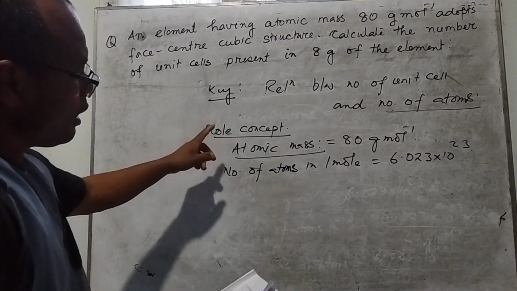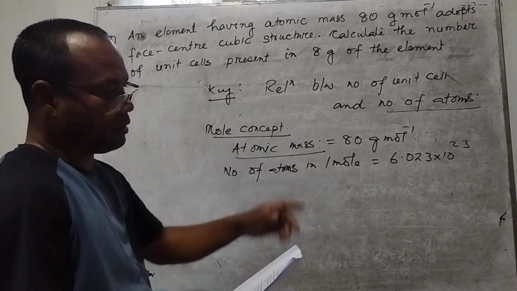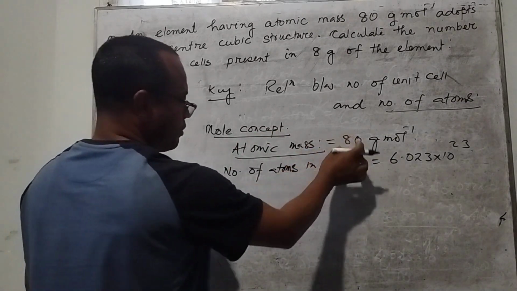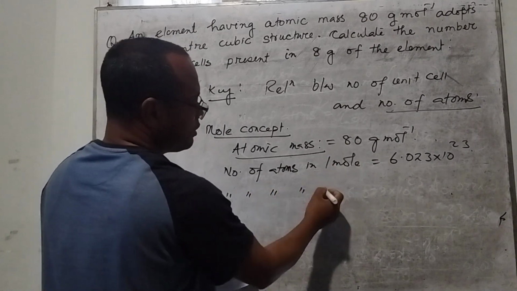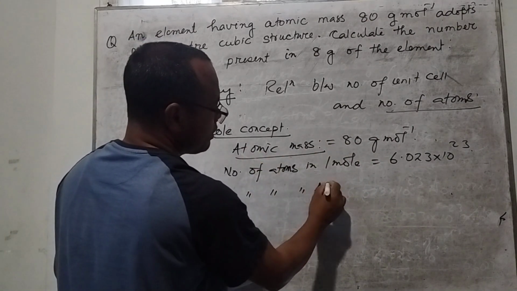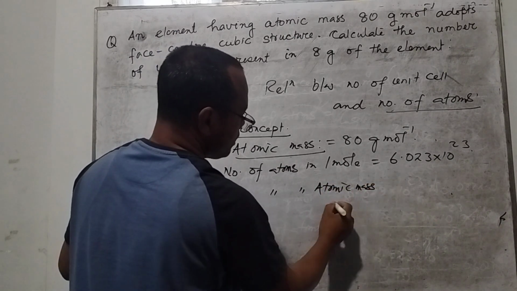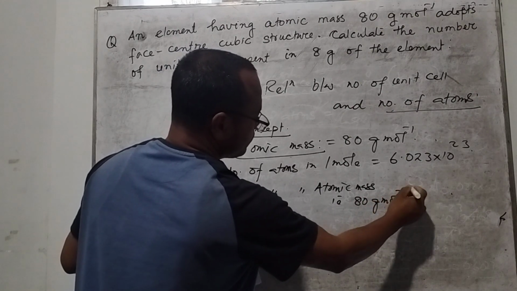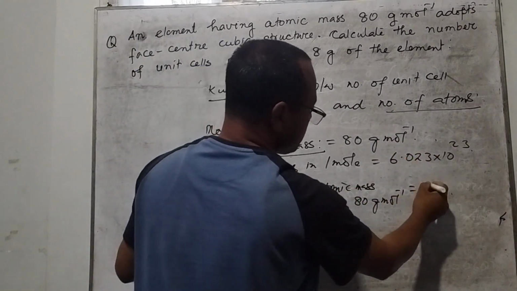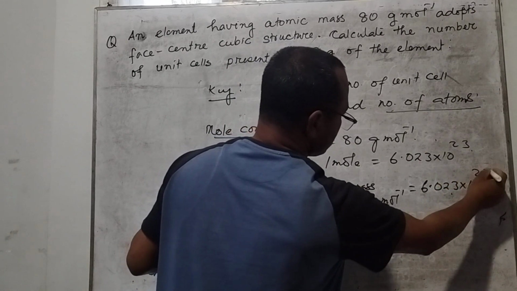Now again, atomic mass is the mass of 1 mole of atoms. So what is the mass of 1 mole of atoms? That is the atomic mass, 80 grams per mole. It corresponds to the number 6.023 into 10 to the power 23.